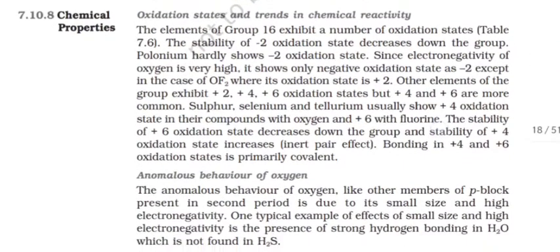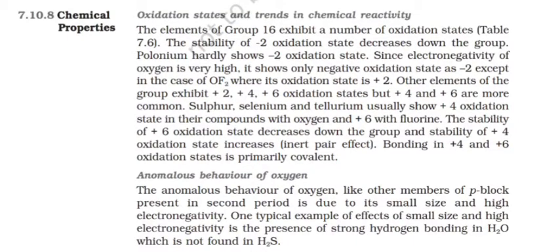Chemical properties: oxidation states and trends in chemical reactivity. The chemical elements of group 16 exhibit a number of oxidation states. The stability of the -2 oxidation state decreases down the group. Polonium hardly shows the -2 oxidation state.